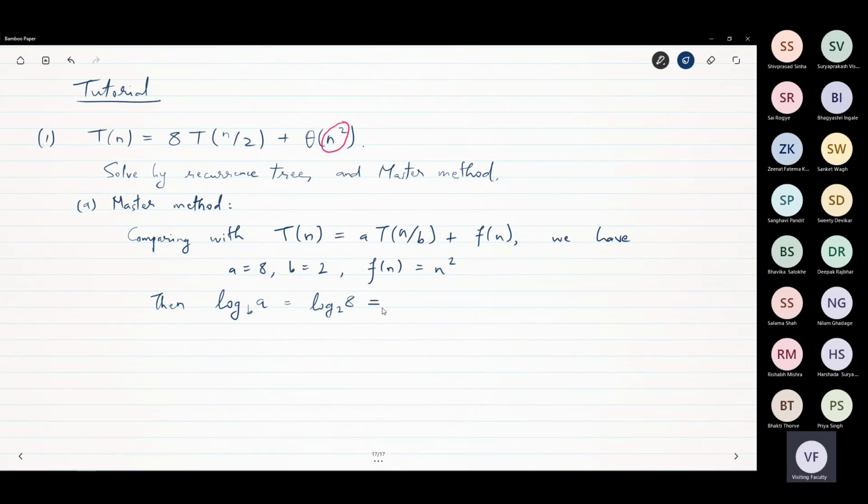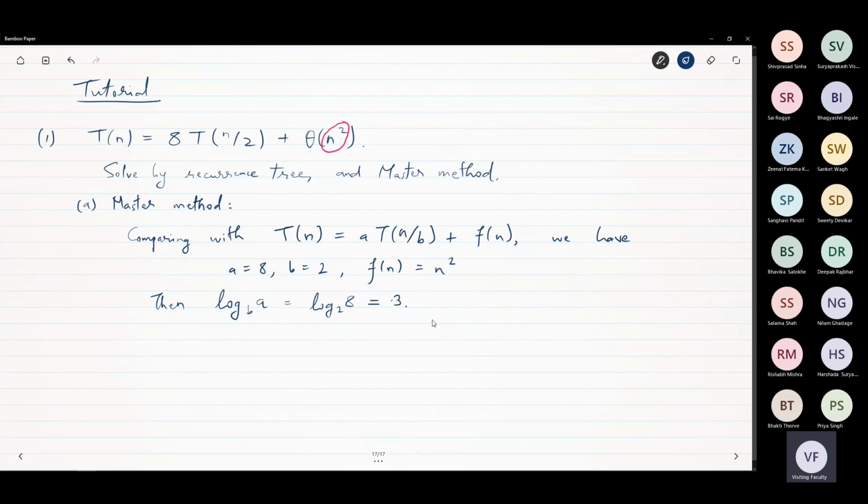It is 3. That's equal to 3, because 2 raised to 3 is equal to 8. Simple stuff.